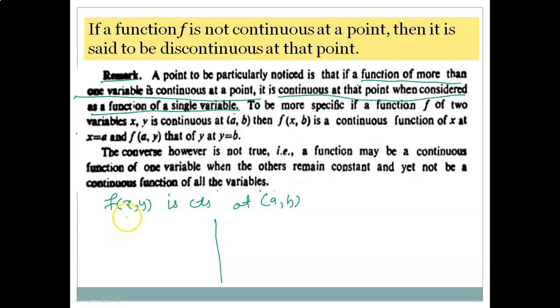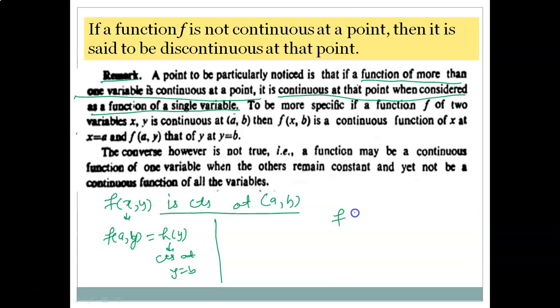Somehow you fix this x as a, that is, you are fixing the value of x, and y is variable. Now I can consider that it is a function of y itself. Now if f(x,y) is continuous at (a,b), then you can say this h(y) is continuous at y equal to b.